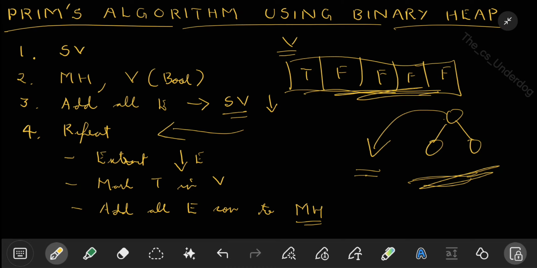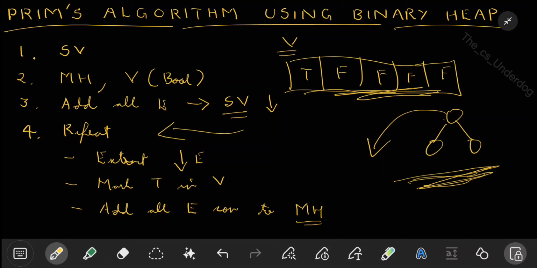Or you can say whichever be the edge under consideration, this edge will be added to the MST. So what should you do for that? You should first mark true in the visited array for whichever was not visited. That is, whichever vertex is not in the MST, you are putting that vertex into the MST set. And then you have to add all the edges which are connected to that vertex in the min heap. So this is how you are adding all those edges onto the min heap.